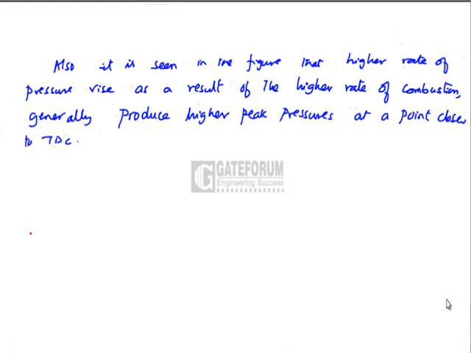On the other hand, if it is too high, this leads to rough engine operation, and it may also lead to an abnormal combustion called knocking or detonation of the engine. So we have to make a compromise between these two extremes and get an optimum pressure rise, that is, to get good power, and to see that the knocking or detonation is avoided.